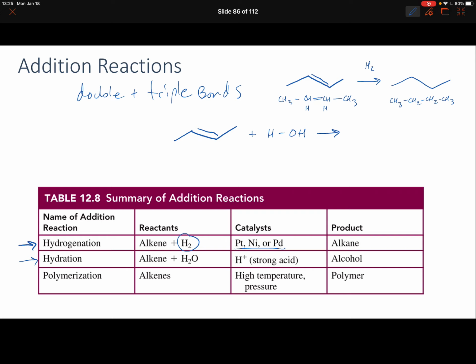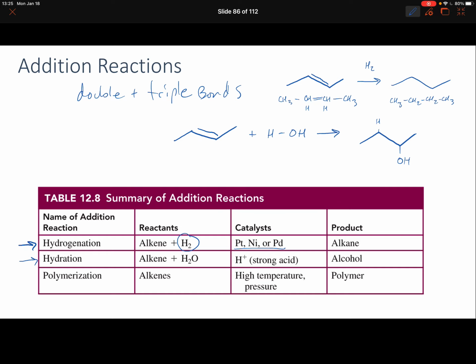And we can also add this to a triple bond, to an alkyne. So this one would give us an OH on one of these carbons. Of course, the other one would have that extra hydrogen that wasn't there before. So we're adding an H and an OH.